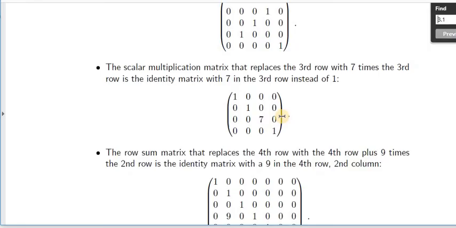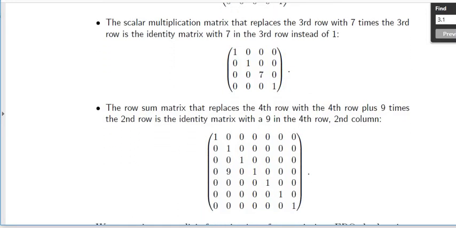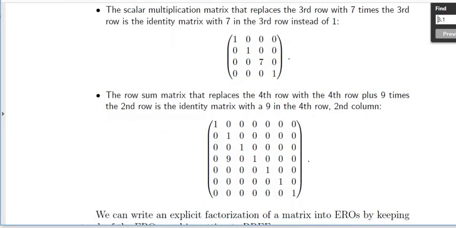Finally, we have row addition. Suppose I want, according to this example, to replace the fourth row with the fourth row plus 9 times the second row. So let's look at the fourth row here in this matrix. This fourth row in the identity matrix is in fact the fourth row of the identity matrix plus 9 times the second row.